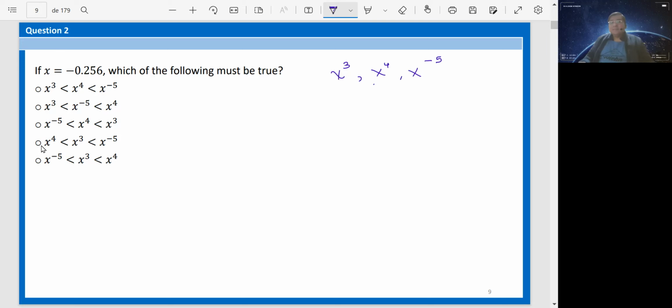All we have in these answer choices is the same 3 powers, but in different orders. So we need to pick the correct order.